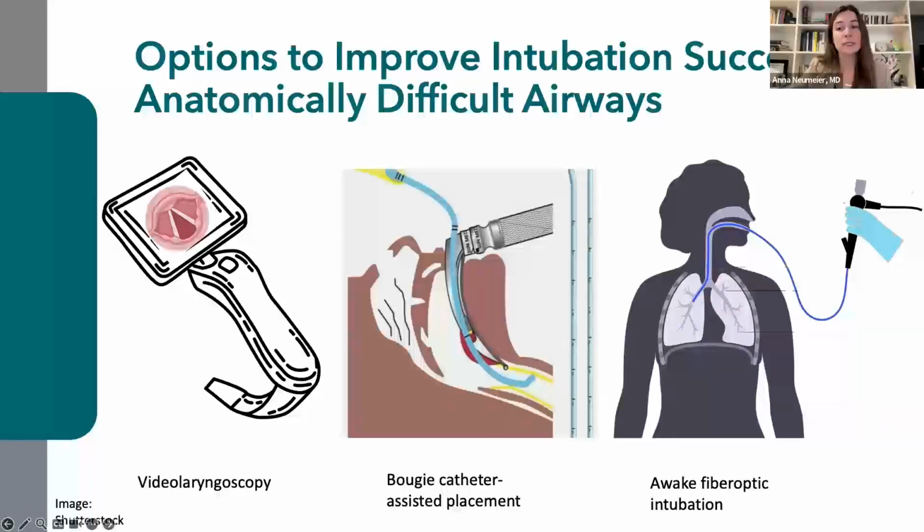Both video laryngoscopy and bougie-assisted placement of endotracheal tubes have been shown via randomized control and pragmatic trials to improve first-attempt success with fewer episodes of severe hypoxemia. Additionally, in situations where the patient has severe airway compromise, such as due to an upper airway tumor or severe edema, rapid sequence intubation may not be appropriate, and instead performing an awake fiber optic intubation would be the safest option.